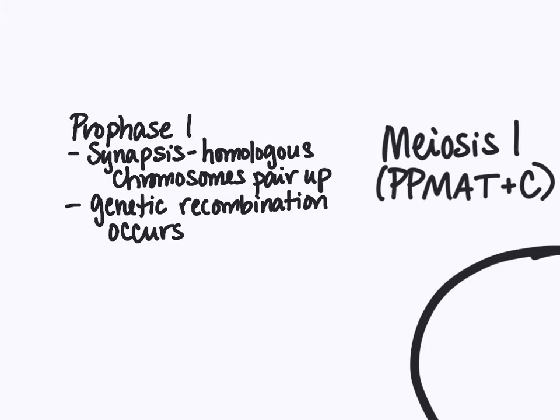Remember that genetic recombination is also known as crossing over. And what happens during genetic recombination is that homologous chromosomes exchange genetic material.